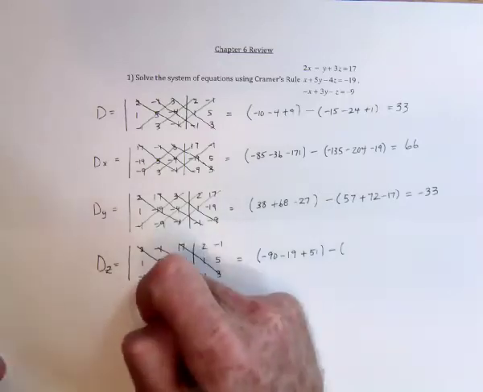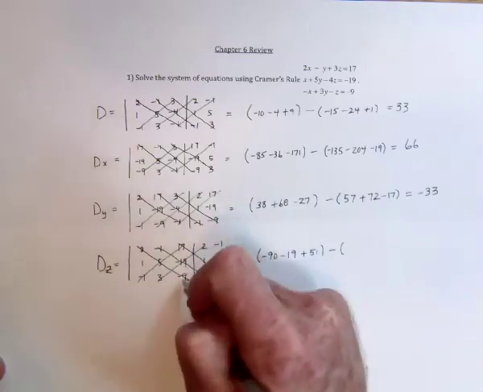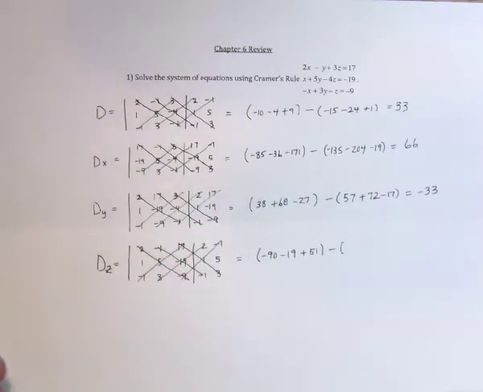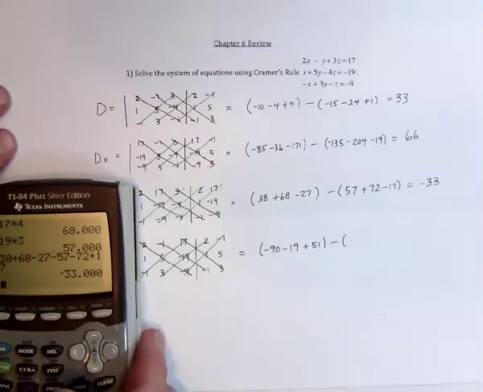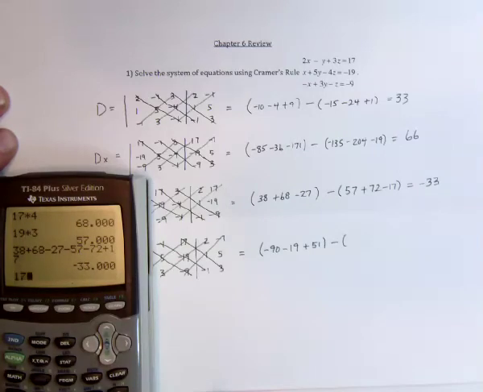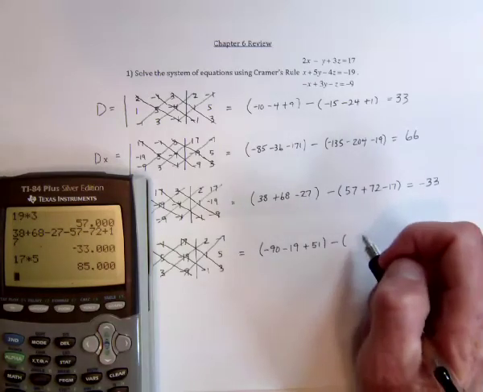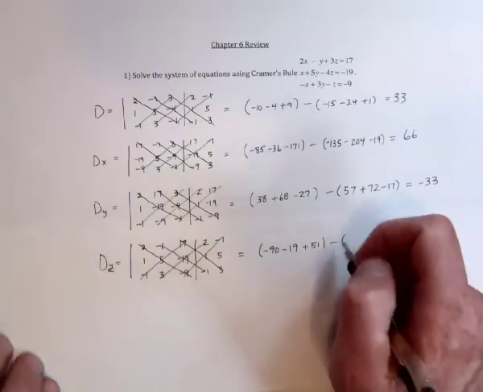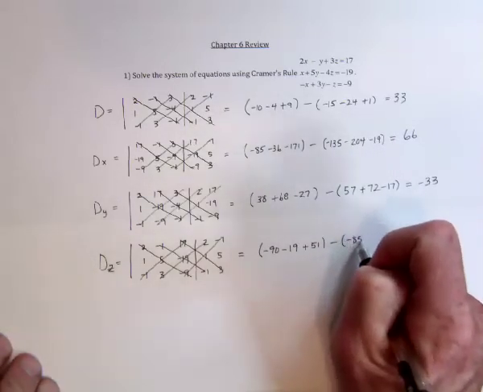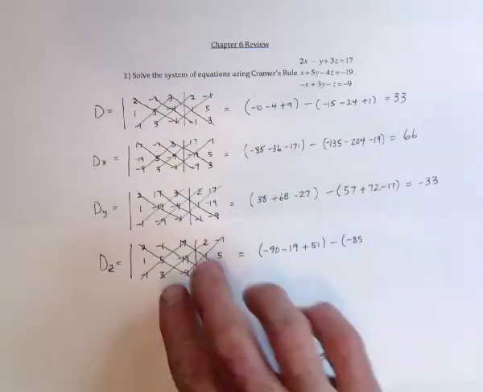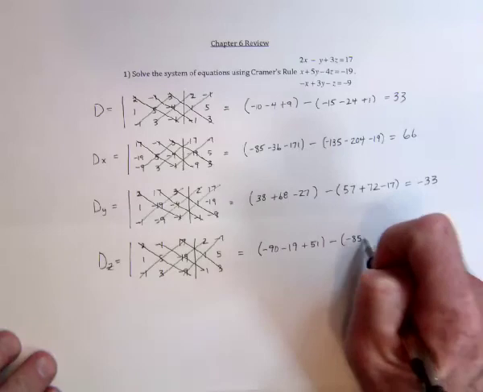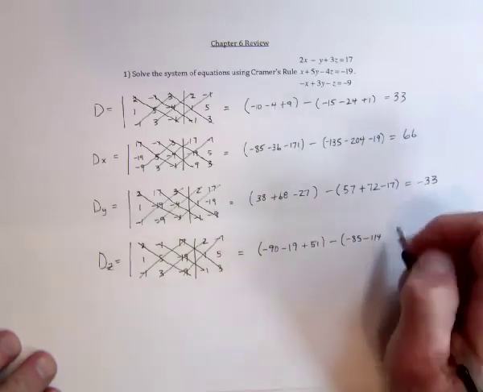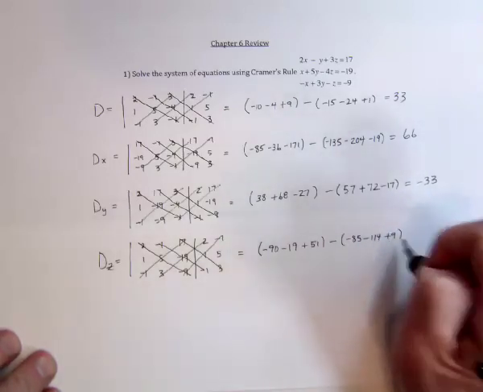And for the last time on this one, the green diagonals. There's 17 times 5, which is negative 85, and there's a 6 times 19, 114 negative, and then the last one is positive 9.